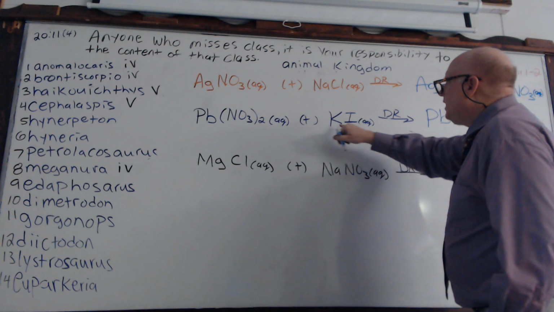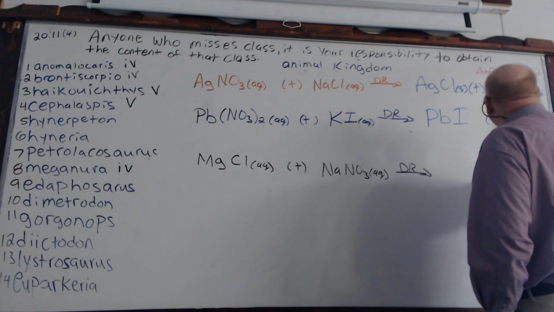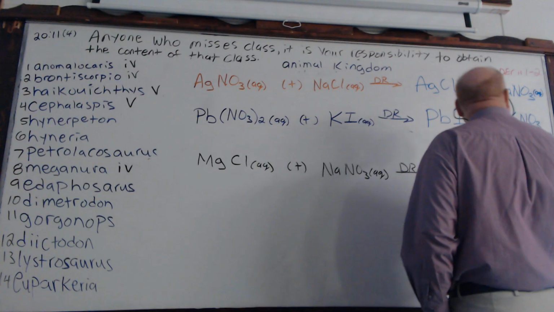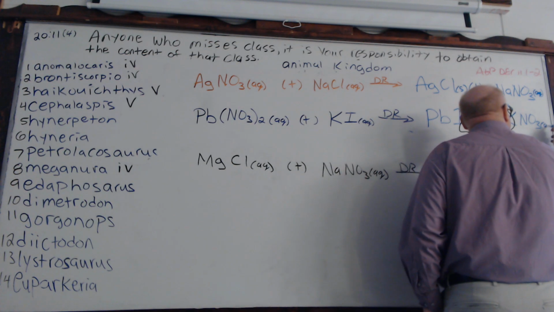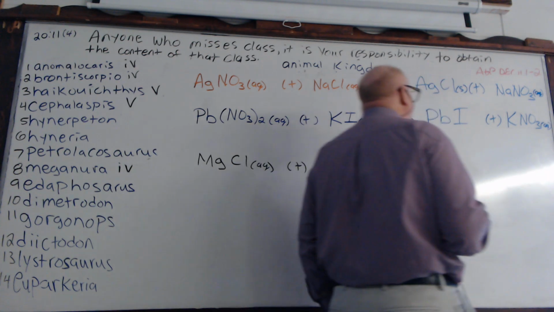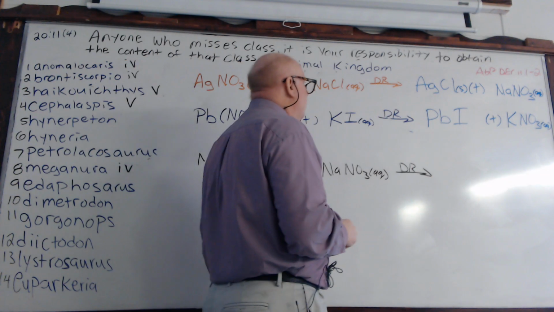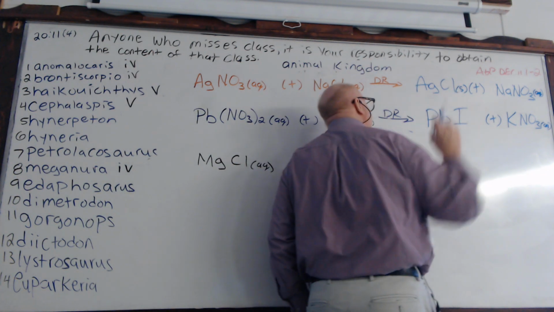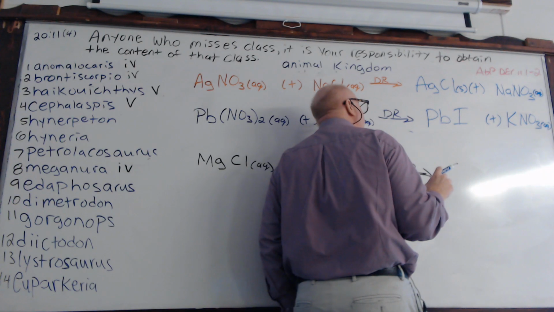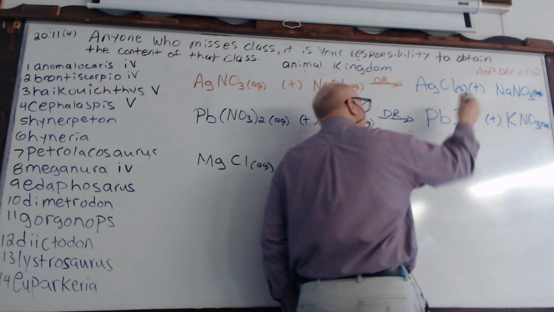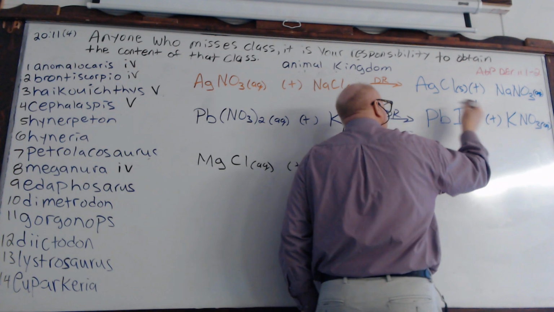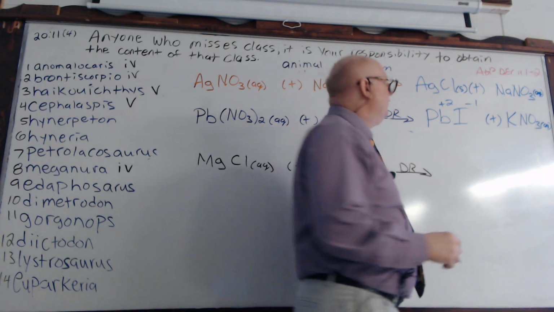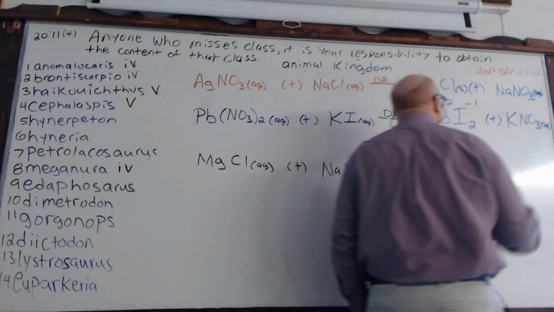And what does the potassium bond to? Okay. What do we know about nitrates? This is going to be an aqueous solution. Okay? And then is this compound balanced? Need 2 of these. Okay.